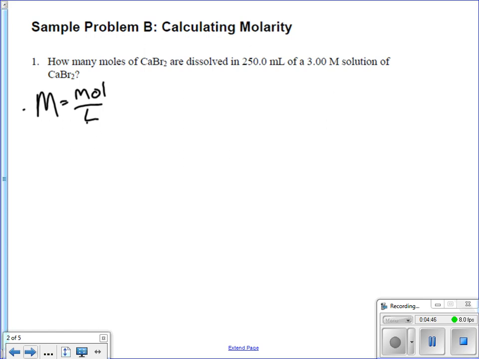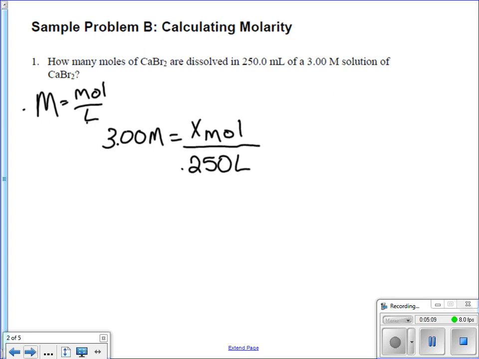So we can say there's a 3.0 molar solution. We don't know how many moles there are, so I'm going to put X moles. And it gives us 250 milliliters. We have to move our decimal 3 times to the left. So we have a 0.250 liter solution.